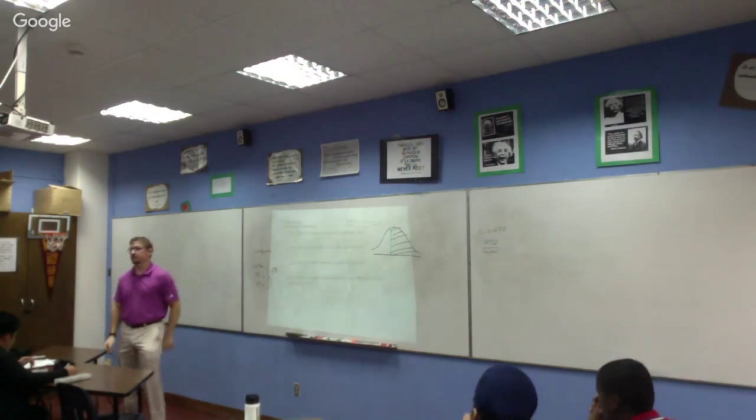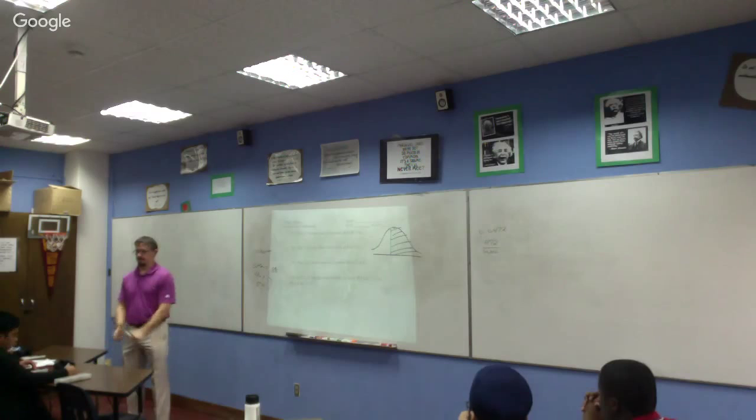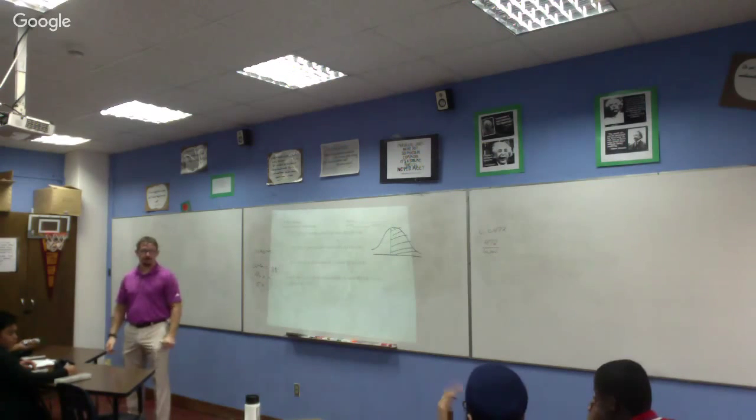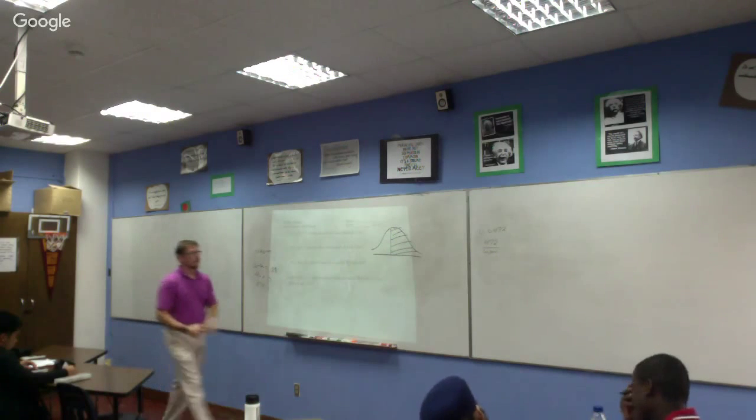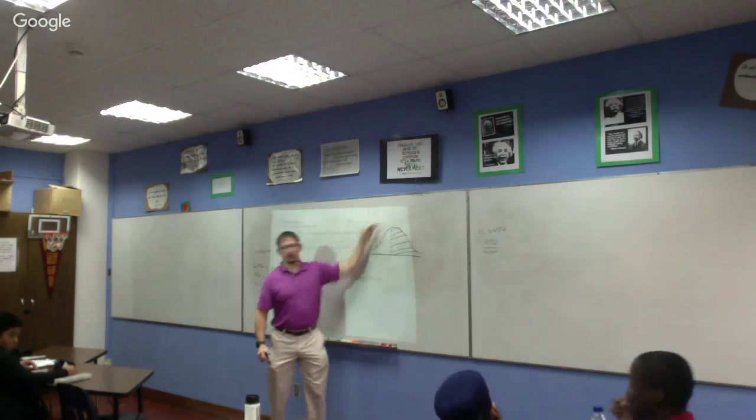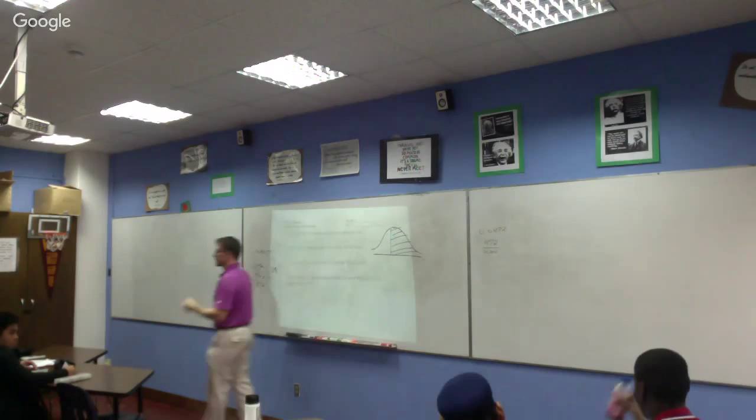How much area is to the left of that? 0.35. How'd you get 0.35? Just 1 minus 0.65. Why 1? Because the area under the curve is always equal to 1. All the probability is equal to 1.